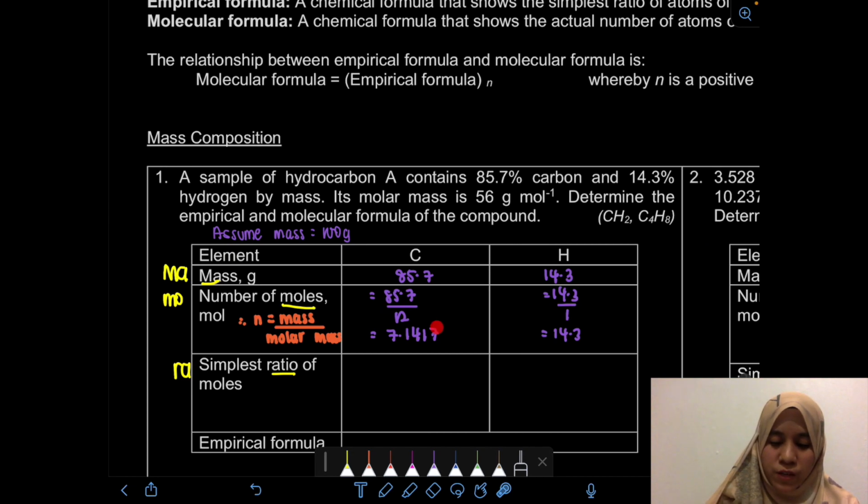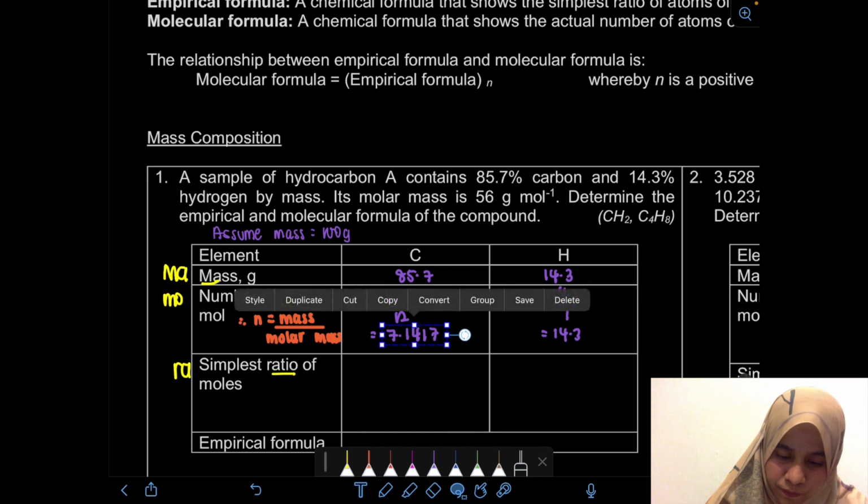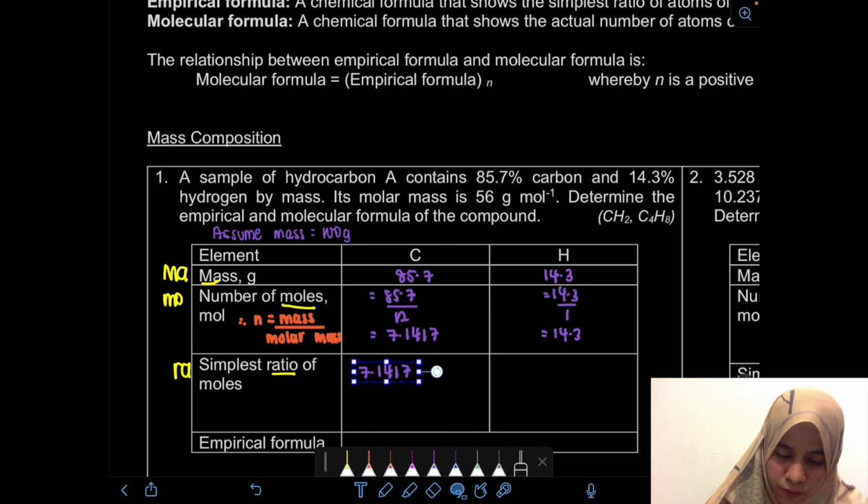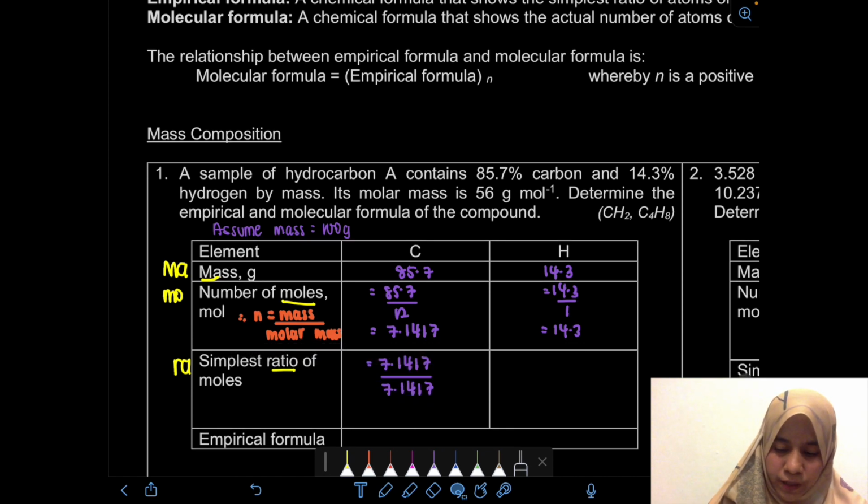In this case, the smallest value is this one. So what I'm going to do is 7.1417 divided by 7.1417, and we get 1. How about H? The value of H is 14.3.